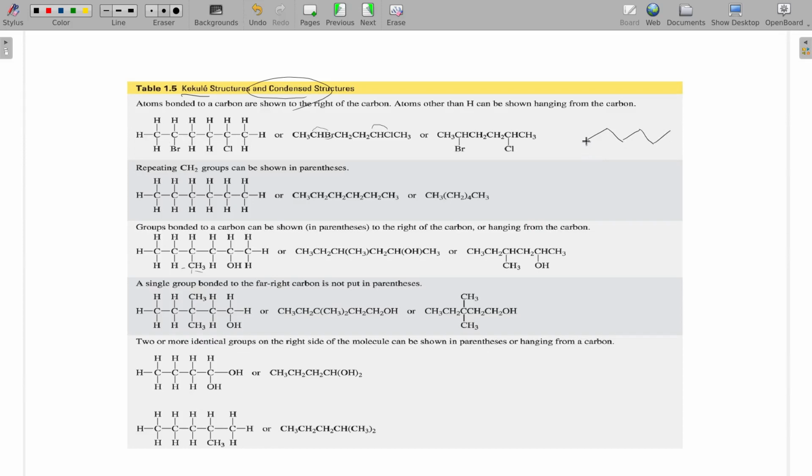These intersections are representing the carbon, 1, 2, 3, 4, 5, 6. And the hydrogens aren't drawn at all. They're just assumed to be there if they're at the end of the line. So since that's representing a carbon, if it's only bonded to one other thing, there must be 3 hydrogens on it. They're just intentionally left off.